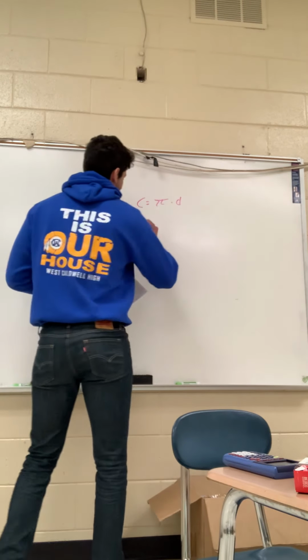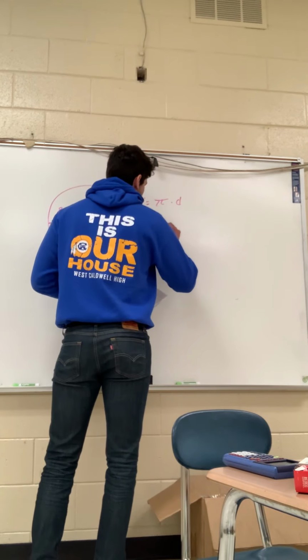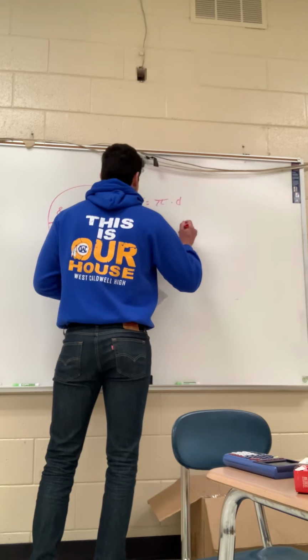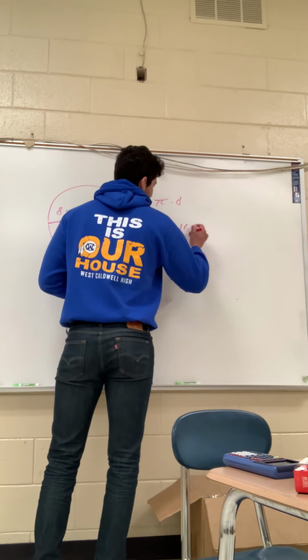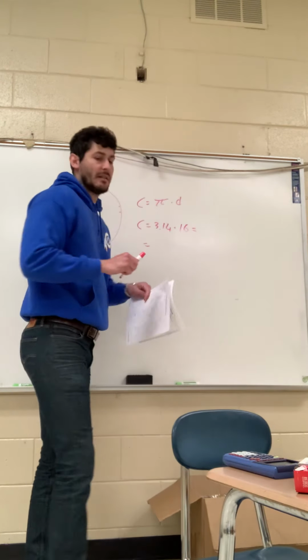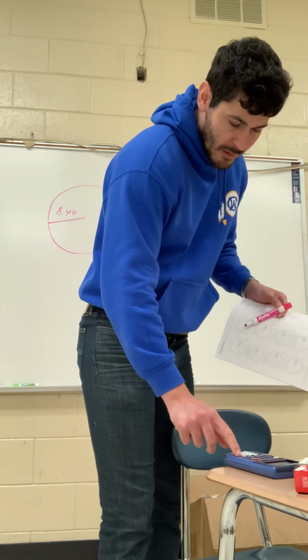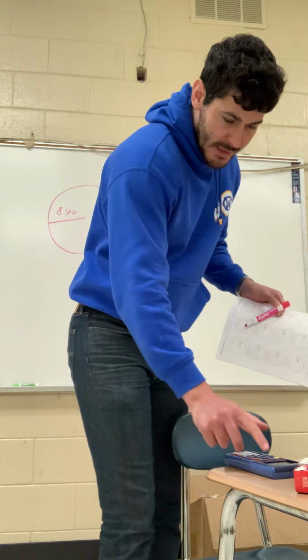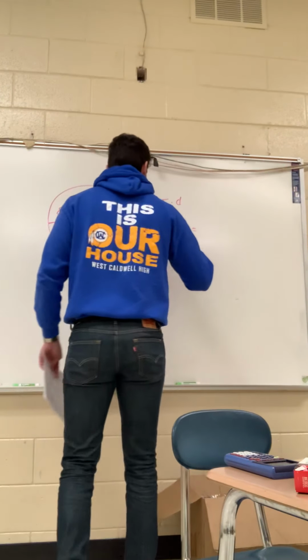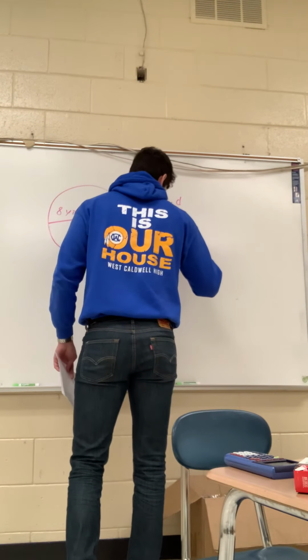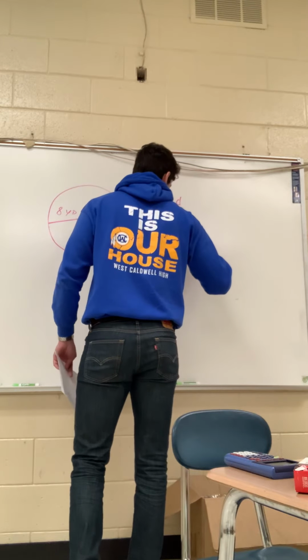So circumference equals 3.14 times 16, that is 50.24 yards.